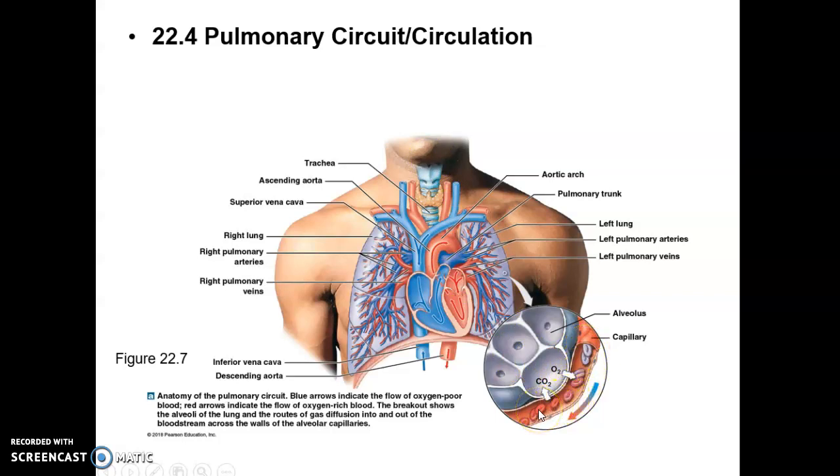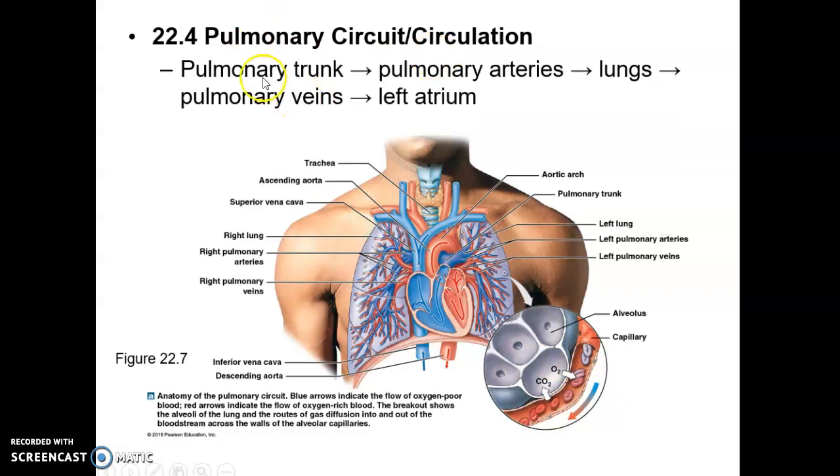So with the pulmonary circuit, the pulmonary trunk is carrying oxygen-poor blood from the right side of the heart. Oxygen-poor blood enters into the right side, the right atrium, via the inferior vena cava, superior vena cava, and then the coronary sinus itself. So the right atrium is receiving oxygen-poor blood.